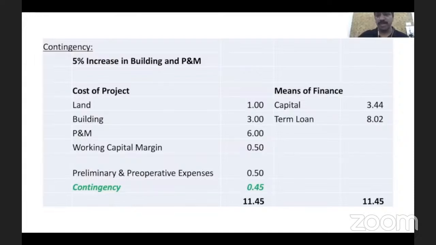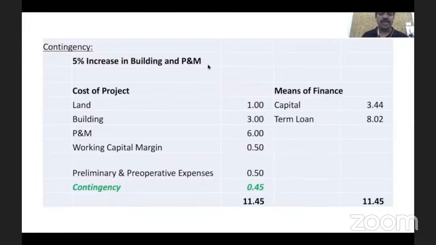But if the project implementation takes a longer time, and the plant and machinery have to be purchased and installed after 6 months or 9 months, and in the meantime anything happens like the scenario we have now, then again the cost of those assets, plant and machineries, will also undergo a change.